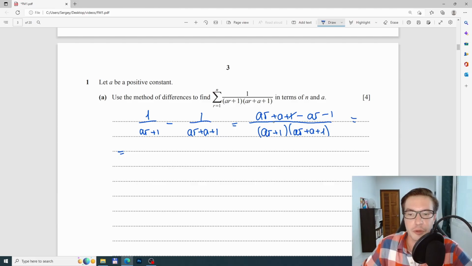So 1 and minus 1 will cancel out. AR minus AR also cancels out, and I got A over (AR plus 1) times (AR plus A plus 1).